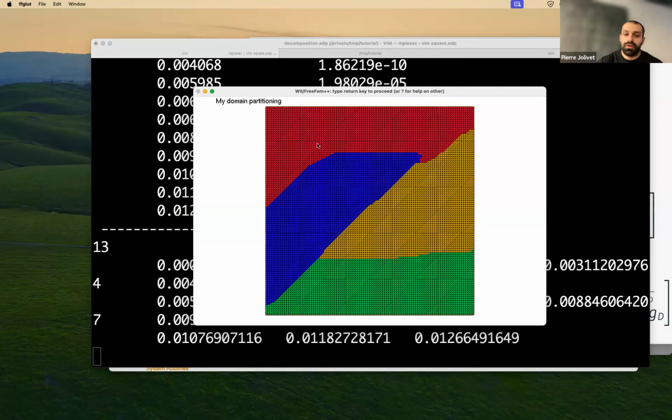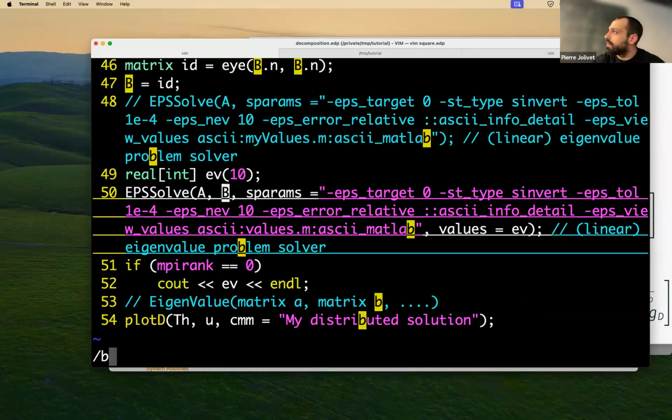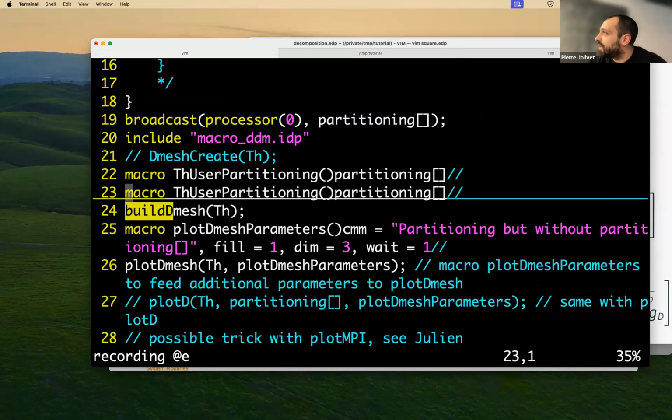Okay. So before we do that, I will show you one parameter when we use buildmesh, which can be used to perform automatic mesh refinements, uniform mesh refinement. This can be done if you want to generate a large mesh starting from an initial coarse mesh, let's say.